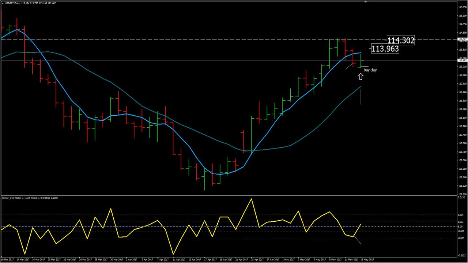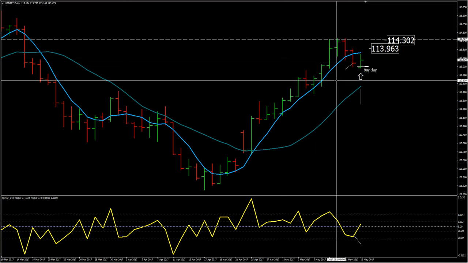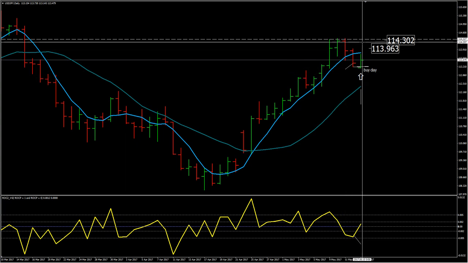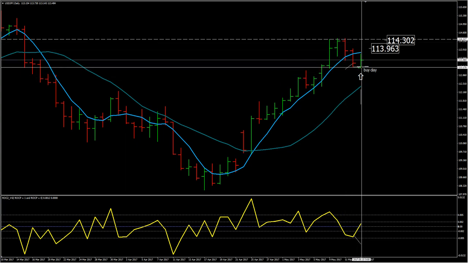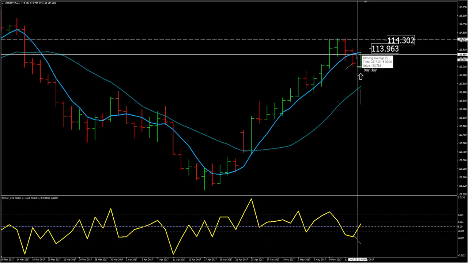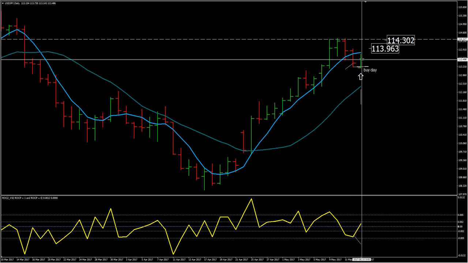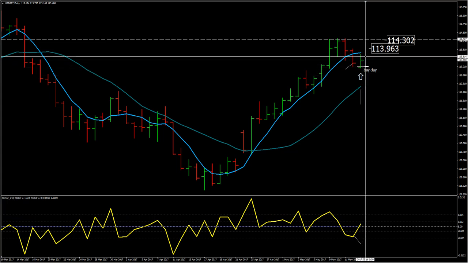Also, we need to take care of this and see how the price will behave near this low. We'll see a fake breakout of the low, or price will test and drive, or price will just open and drive, like we see here. Price opened here and then drove higher. So this will be the low to high day. Now we want to see how much this can go.